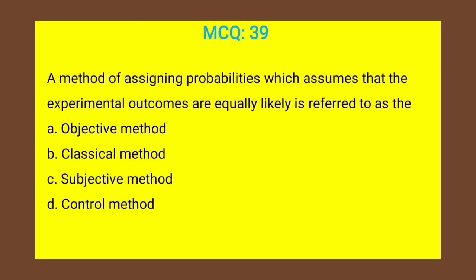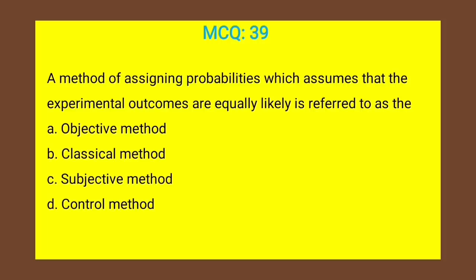A method of assigning probability which assumes that the experimental outcomes are equally likely is referred to as: objective method, classical method, subjective method, or control method. Here too, I had a video on probability where I've discussed intensively these concepts and methods. They are all in the description section of this video, you can check. Part 1 of probability I've explained deeply, so please make time and go through, and you will get all these concepts.